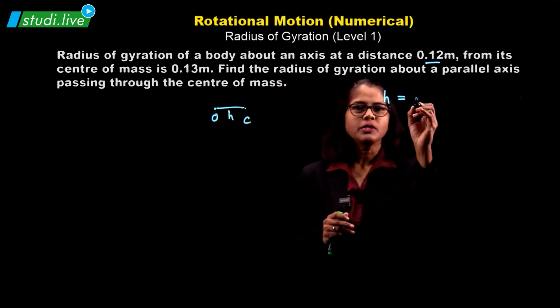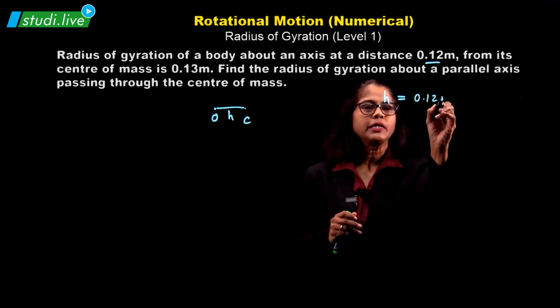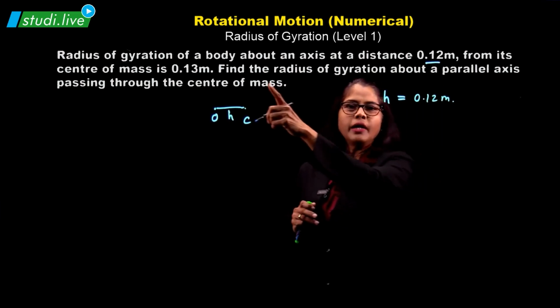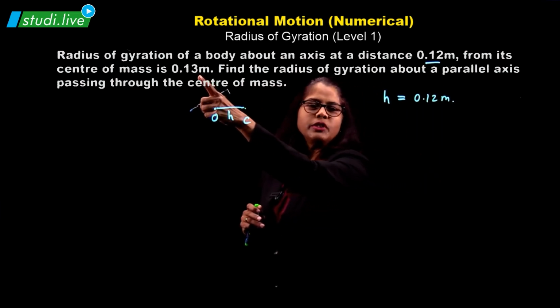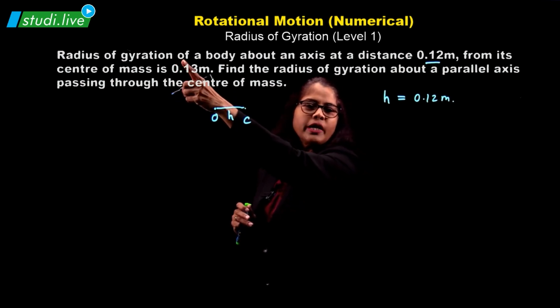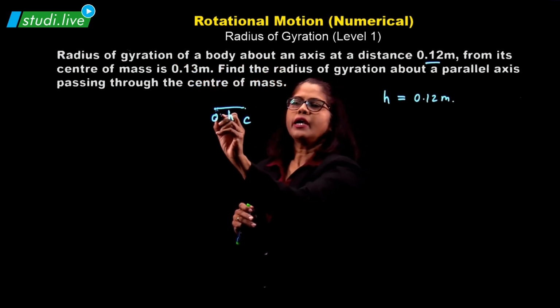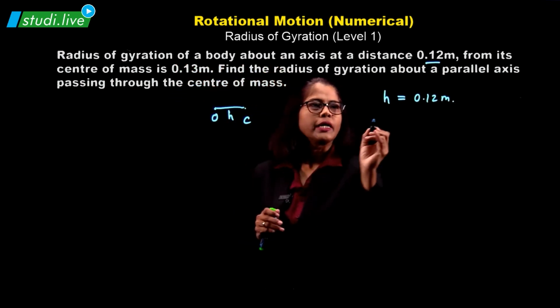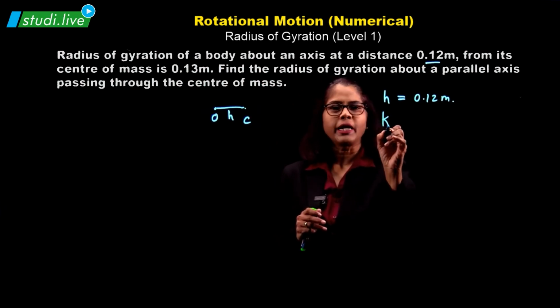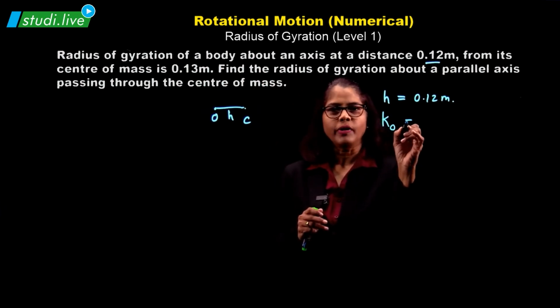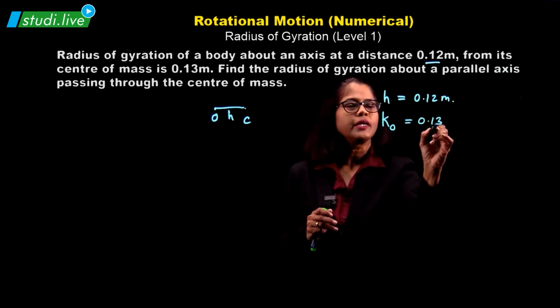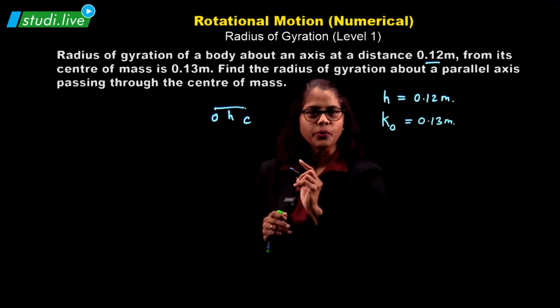Okay, the h value is given as 0.12 meter, and then it is given 0.13. What is that 0.13, students? It is the radius of gyration about any axis. Any axis is nothing but what? O. So I can mention radius of gyration denoted by K at O will be 0.13 meter. This is the data given to you.